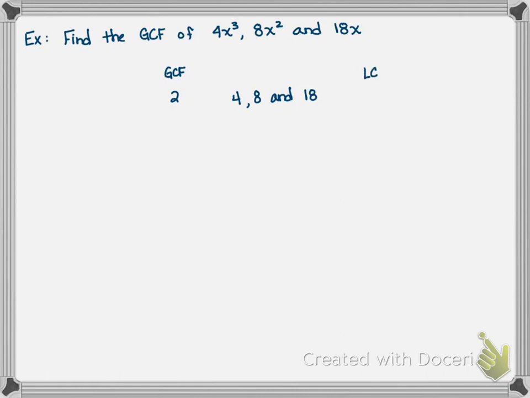The LCM is 72, because 4, 8, and 18 all go into 72. So we use LCMs to find common denominators and things like that, but the GCF is always less than or equal to all of the coefficients because it has to divide into them as opposed to them dividing into it.